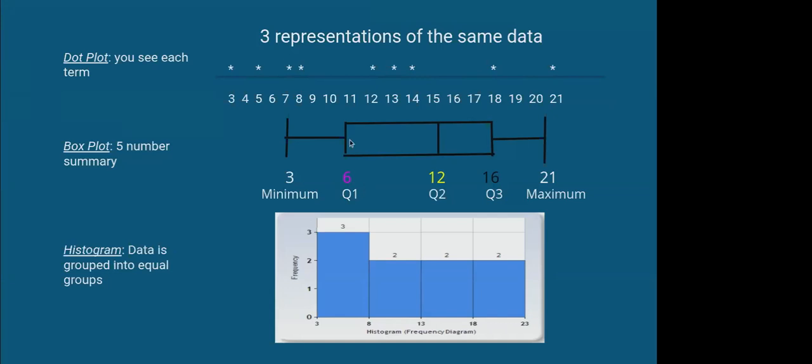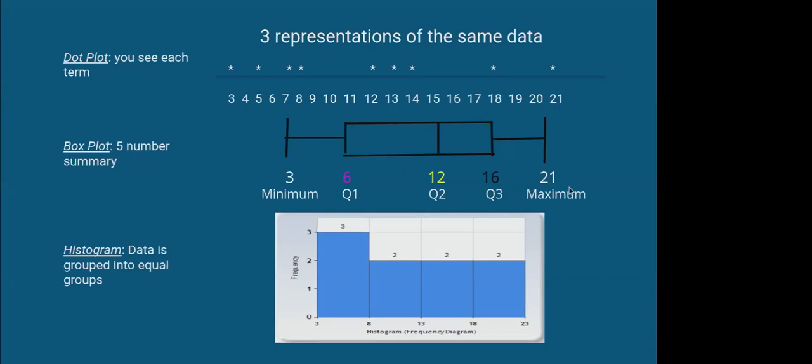So again, the strength of a box plot is it gives you a quick glimpse of what's happening. If you look at this box plot, you can tell a couple things about the data. You can tell the range of the data because you have the minimum and the maximum value.